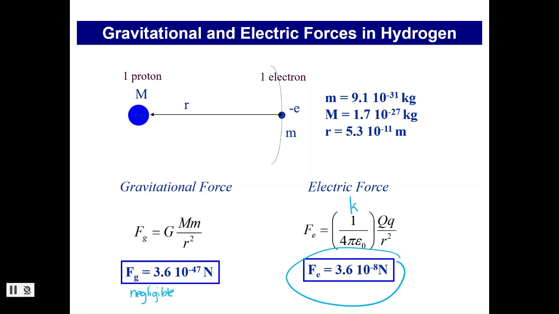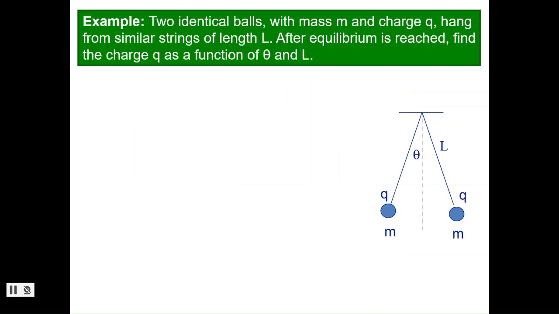Negligible means so small it can be ignored. So from now on, unless we're doing something macroscopic where we're not dealing with charged particles but charged objects, like actually in the next example, we are going to be able to just look at the electric force using Coulomb's law for these particles.